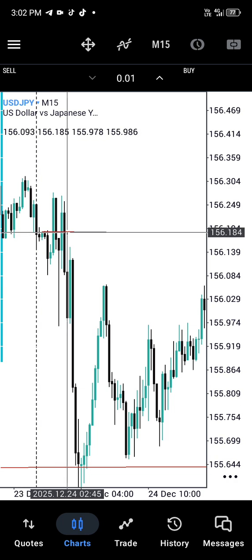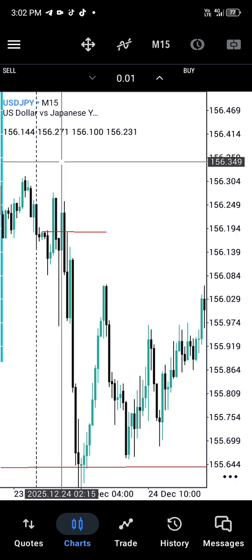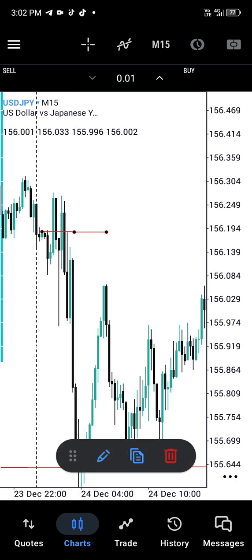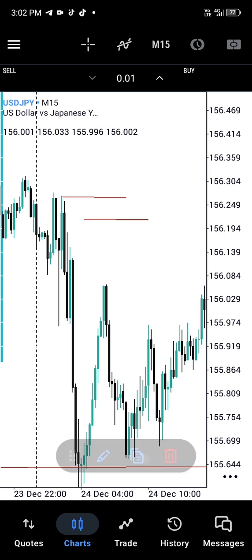It was supposed to move higher continuously, but instead it retraced back and closed at the low of this candle, forming a retro block, which is a bearish retro block. Now that's a bearish retro block.